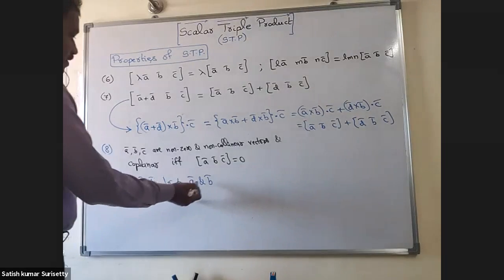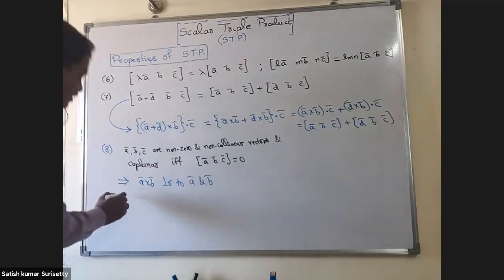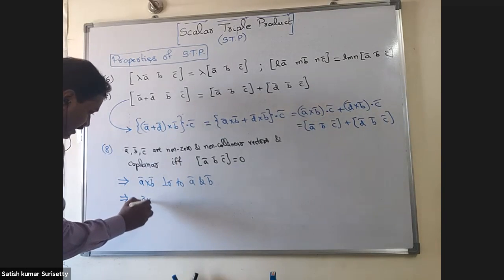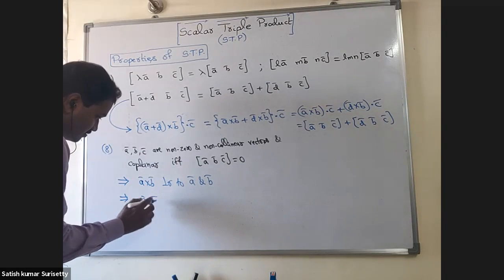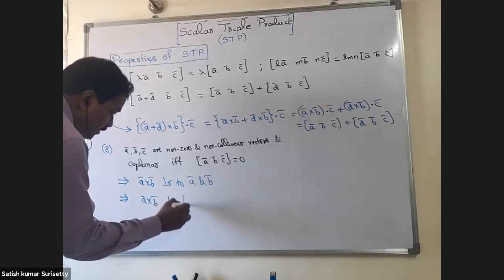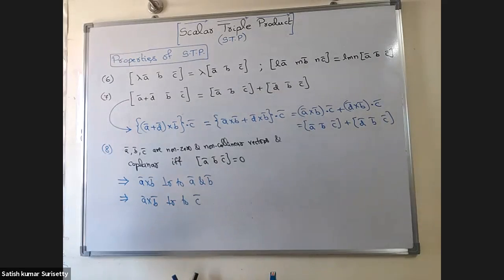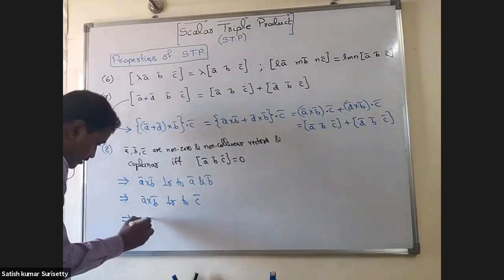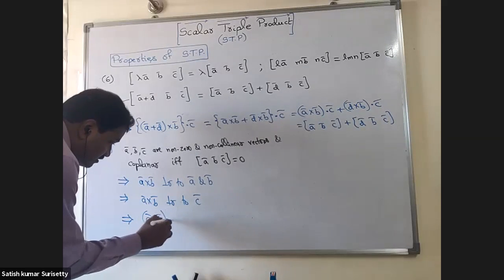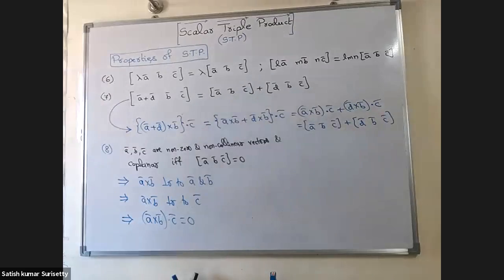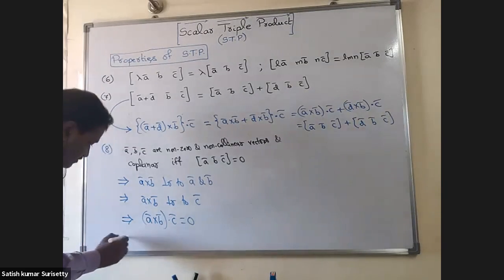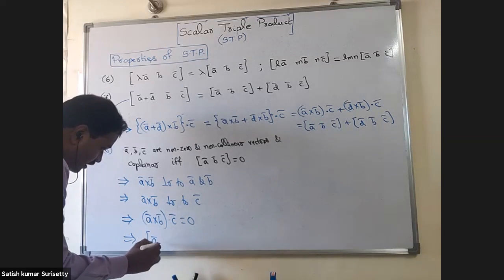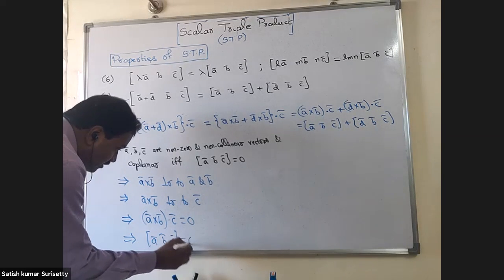But A bar, B bar, C bar are coplanar, which implies A bar cross B bar is also perpendicular to the vector C bar. Once A bar cross B bar is perpendicular to C bar, the dot product A bar cross B bar dot C bar will be 0. That is the scalar triple product of A bar, B bar, C bar equal to 0.